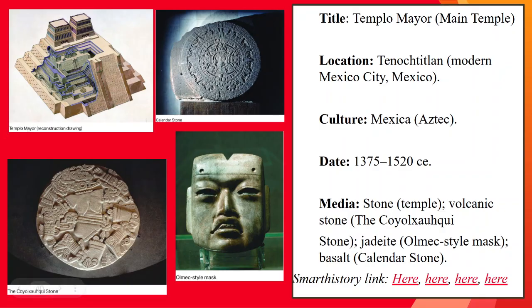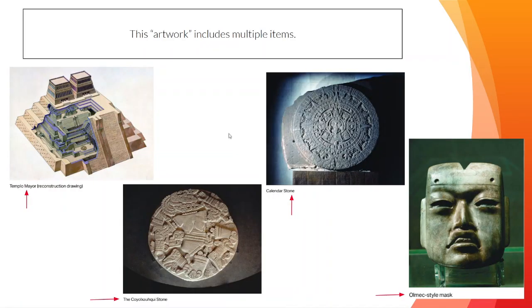Templo Mayor is the main one, so the main temple within Tenochtitlan. There's also the calendar stone or the sunstone, the Coyolxauhqui stone, and the Olmec style mask. So it's a larger complex. These are the ones that we are focused on. So those are the 4 pieces.